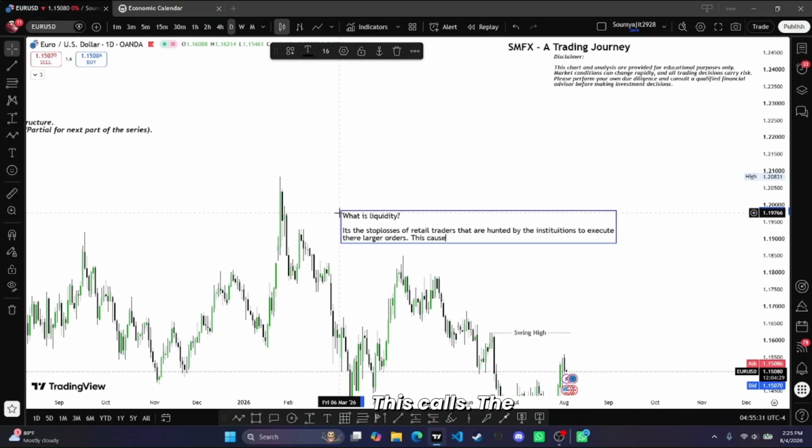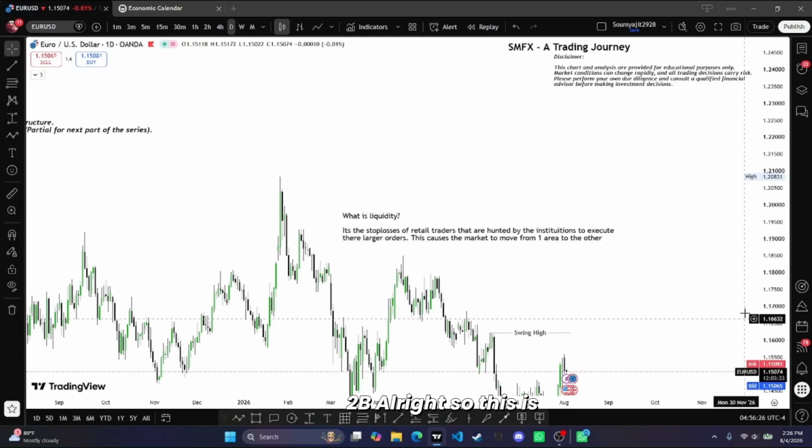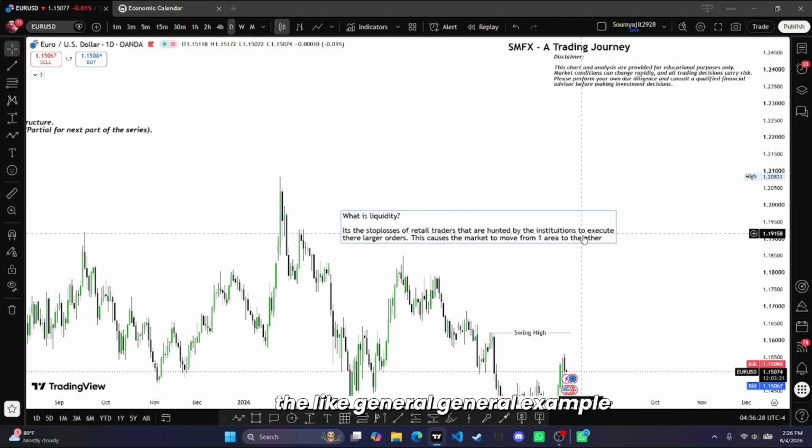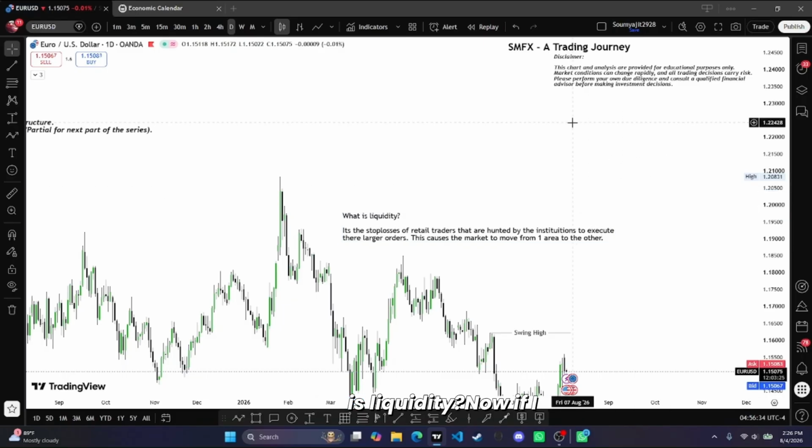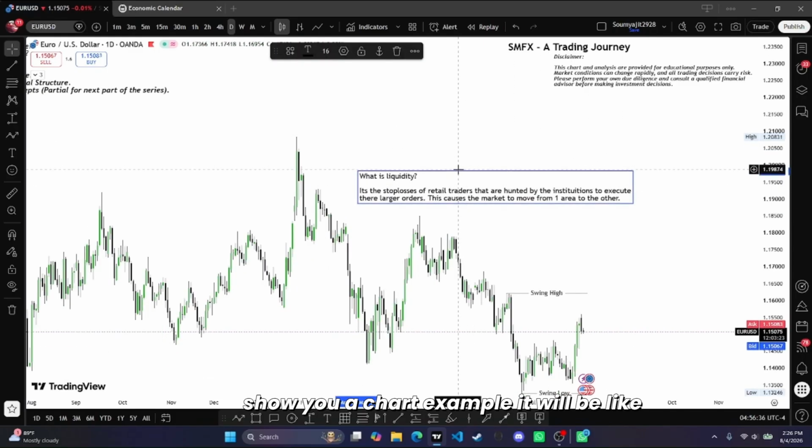This causes the market to move from one area to the other. Alright, so this is the general definition of liquidity. Now, if I show a chart example, it will be like this.